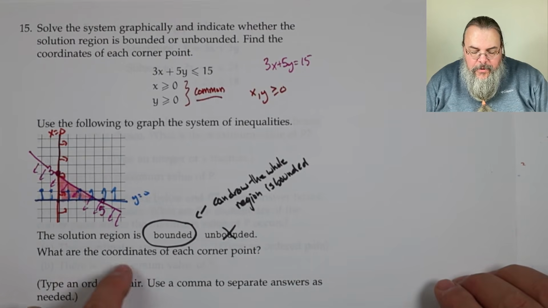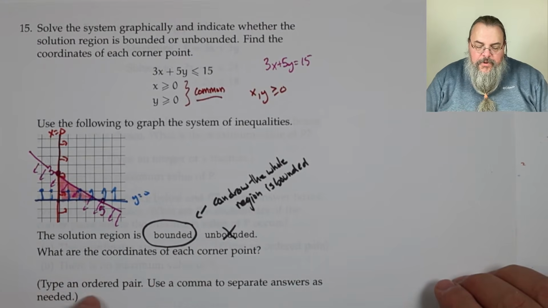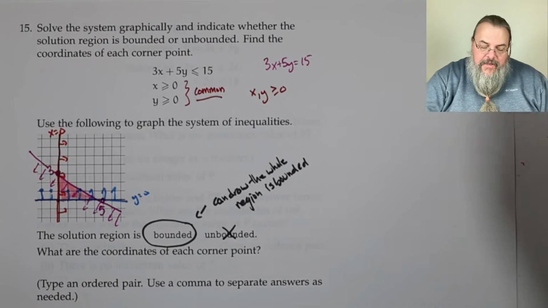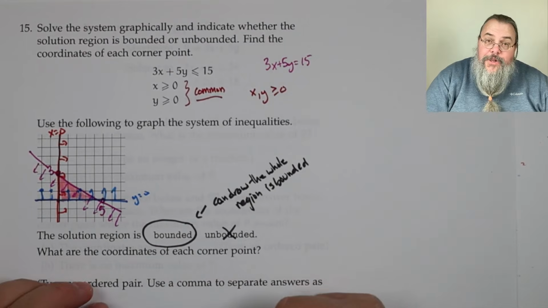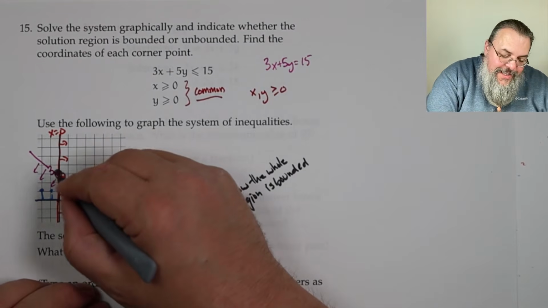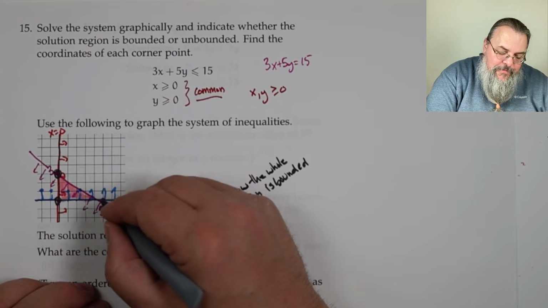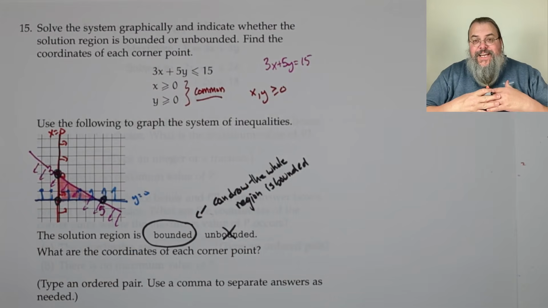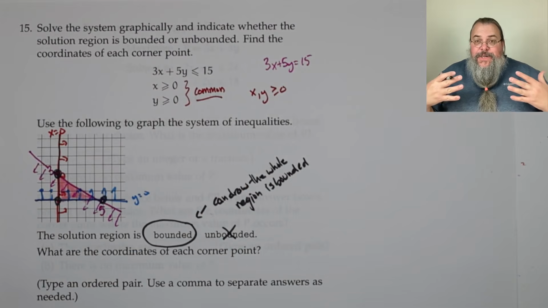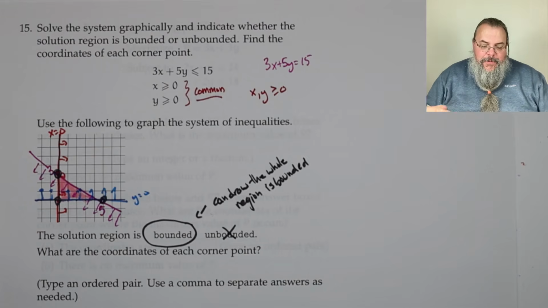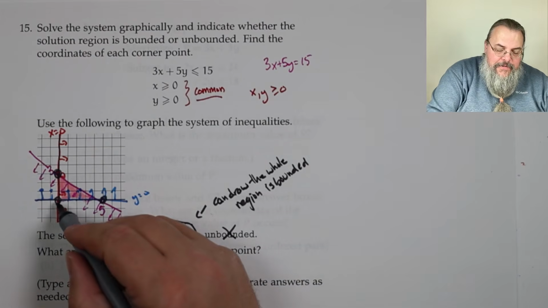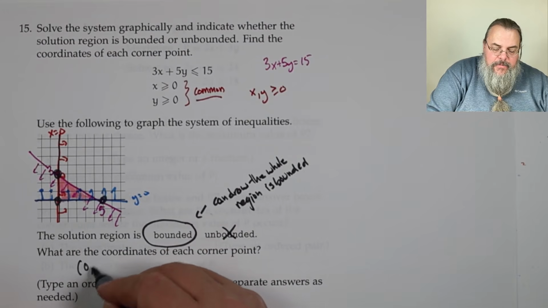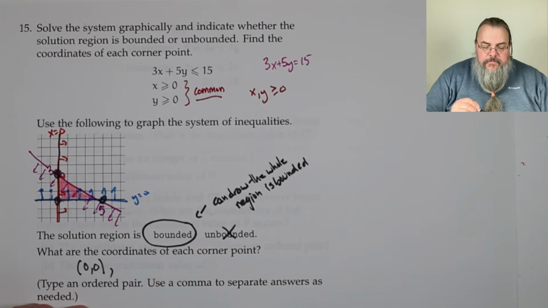Now, what are the coordinates of each corner point? Type an ordered pair. Use a comma to separate answers as needed. So the corners look like corners. There's 3 of them. It's where lines intersect. And we actually figured it out because we were looking for their intercepts. So we have the origin. Don't forget that. So that's (0, 0), comma.